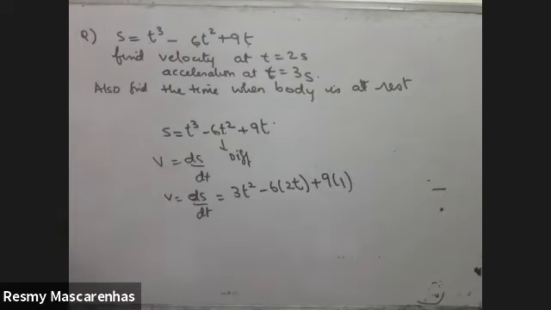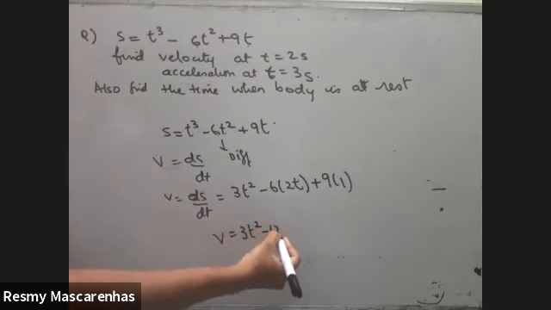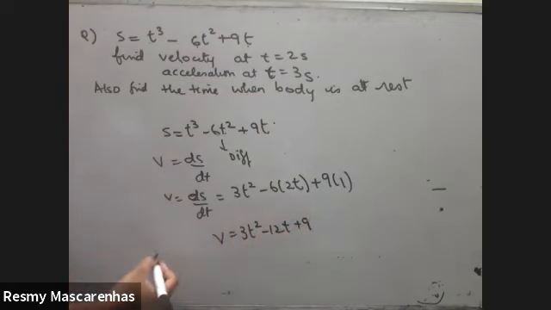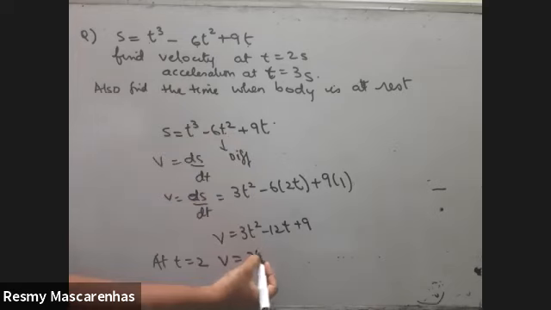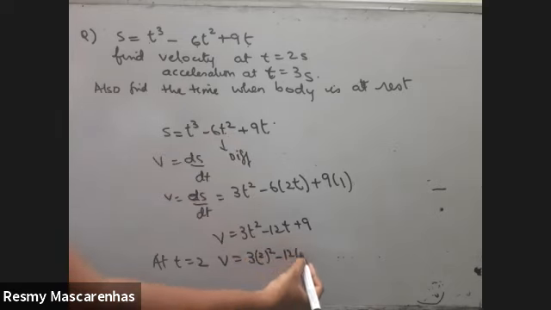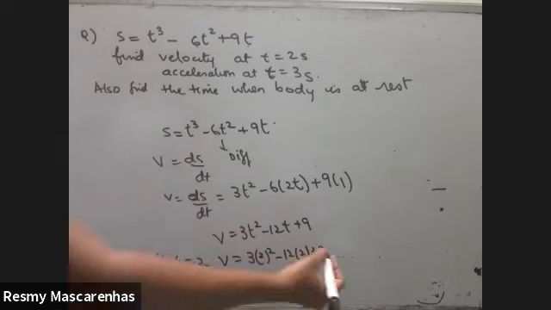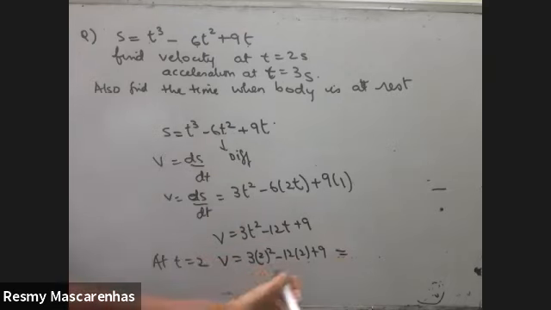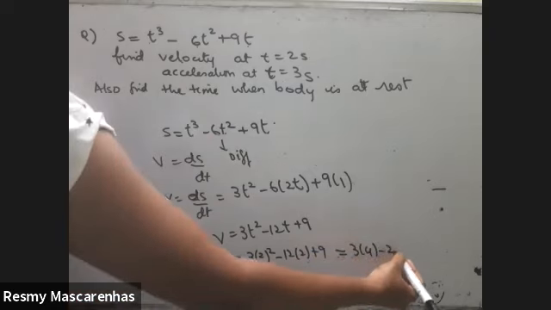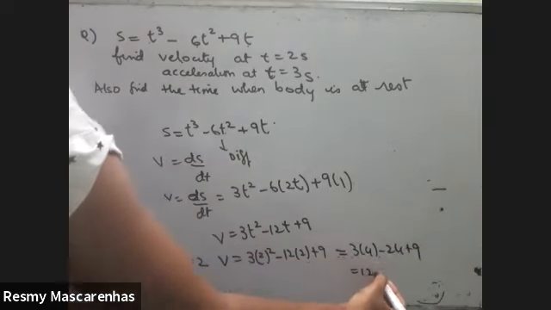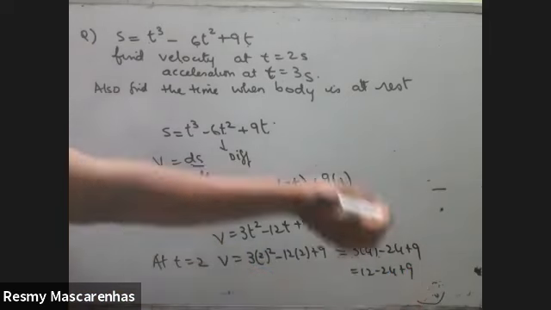And now you can take it at 2 seconds. Now, wherever there is t, put 2. Just confirm once that the answer you're getting is in terms of v. So this will be 12 minus 24, then plus 9.